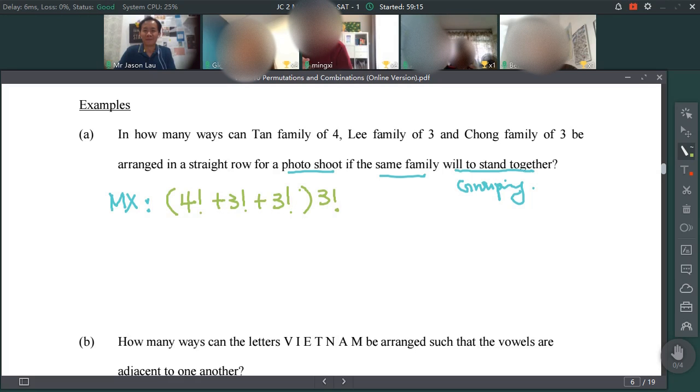Bernice, correct? Or no? I think so. At first I thought everything is times together, but I think I'm wrong. Yeah, I also thought it was all times together. But now looking at Mincy's one looks more correct. Then I don't know which one is addition, which one is multiplication rule. Then we have to consult Kai Xing.